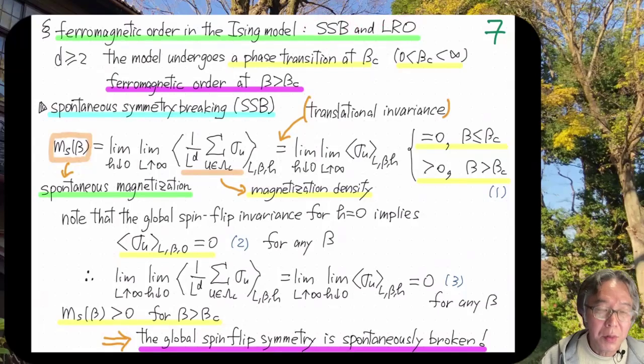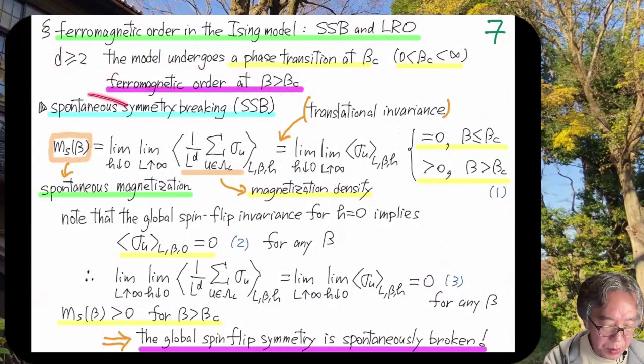When the dimension is greater than or equal to 2, it is well known that this Ising model undergoes a phase transition at some critical point. Here beta is the inverse temperature, so beta larger than beta c means that the temperature is lower than the critical temperature, and in this low temperature region, the model has ferromagnetic order.